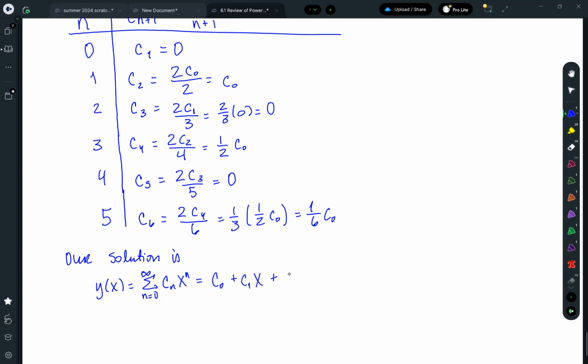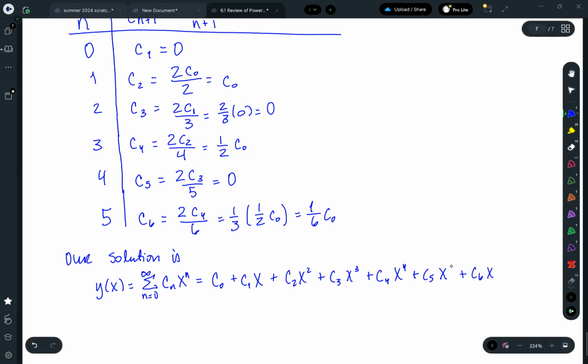When n is 2, I get c2x squared, and so on. I keep going. I'm going to go up to c6, where I get plus c sub 6 x to the, whoops, my c sub 5 went with x to the 5th. C sub 6 goes with x to the 6th, and then this goes on in this manner forever.